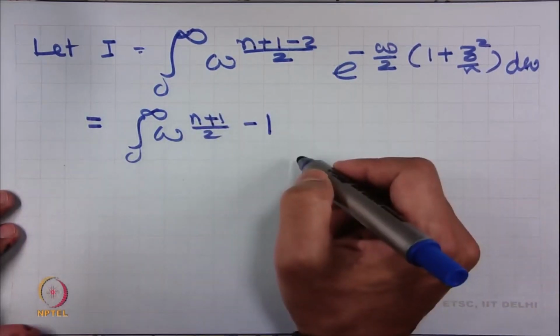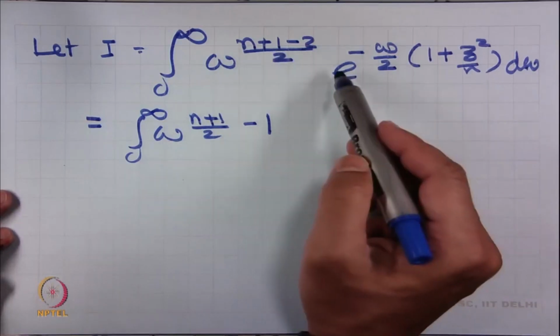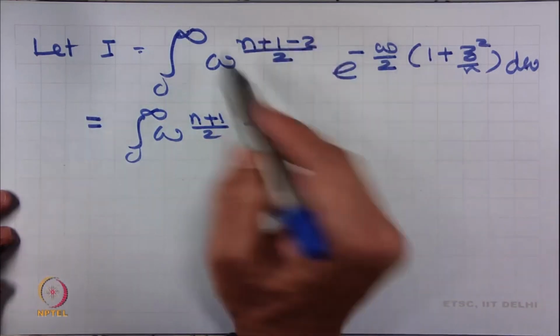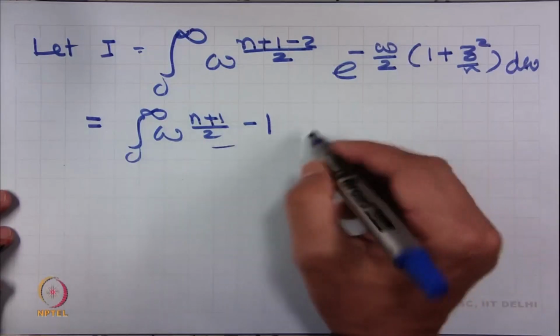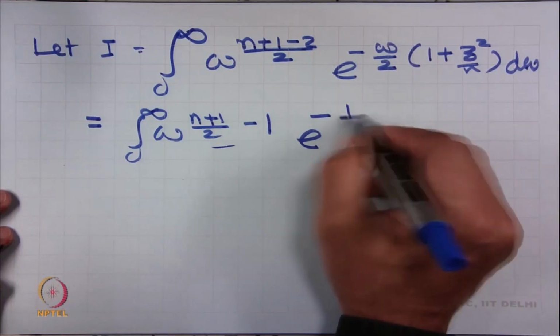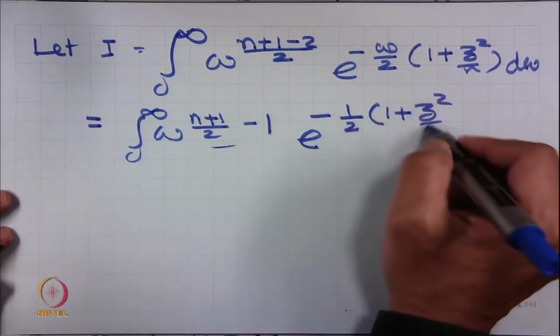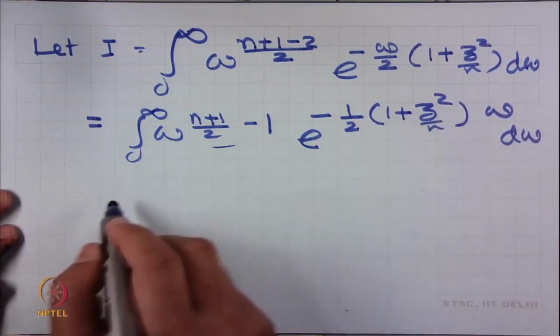I am trying to convert it into the gamma form. We know that it is e to the power minus lambda x, x to the power alpha minus 1. So, I have put it into something minus 1 into e to the power minus half into 1 plus z square by n w dw.